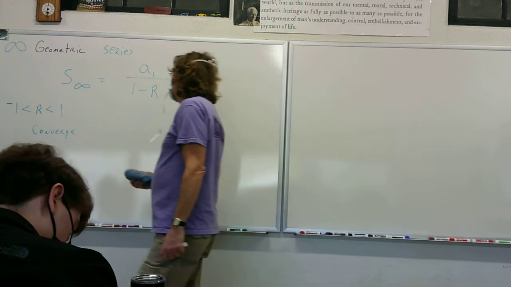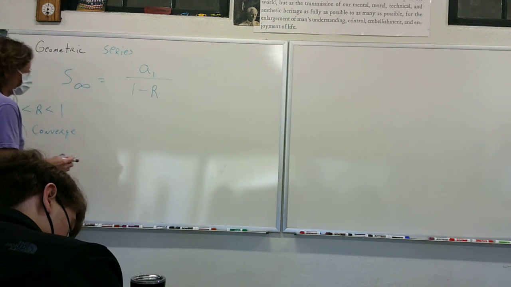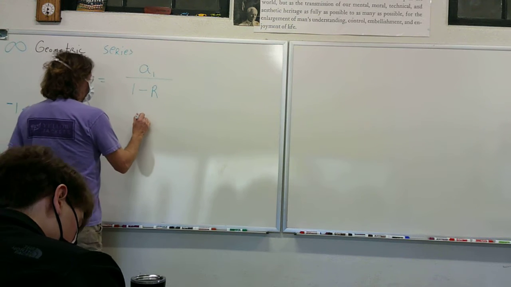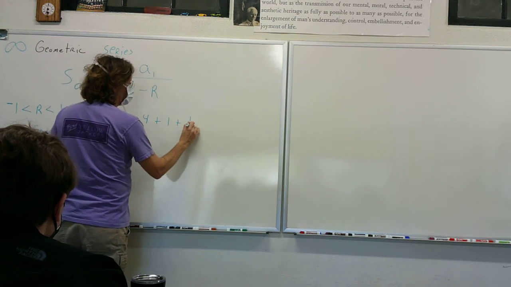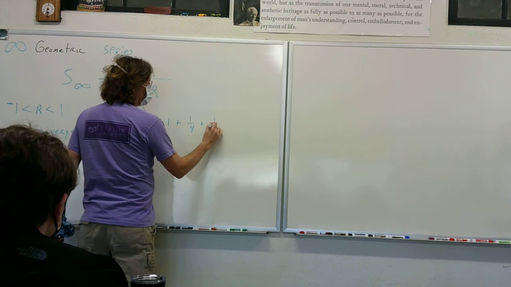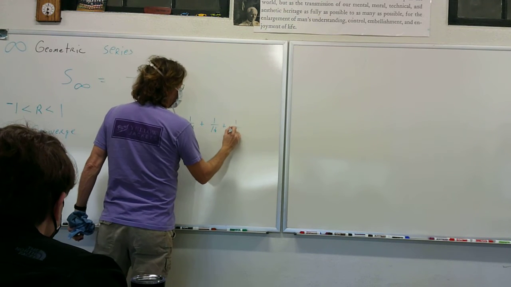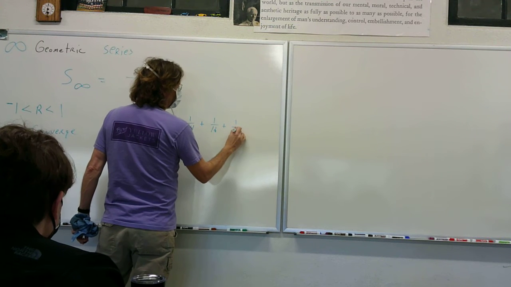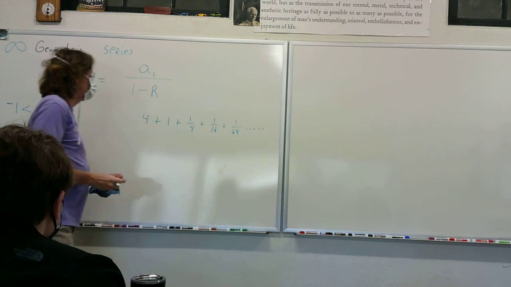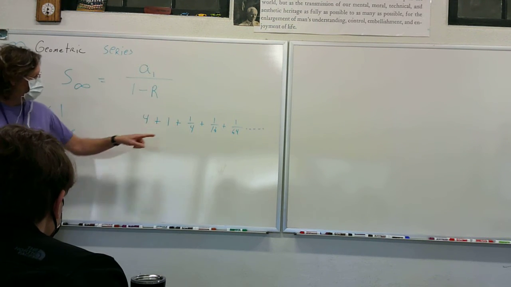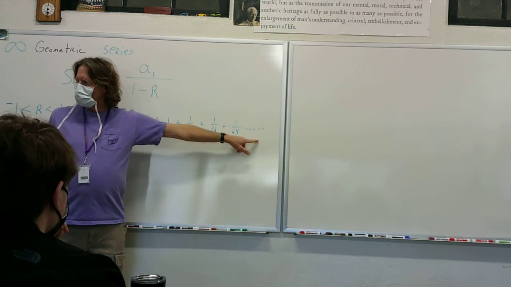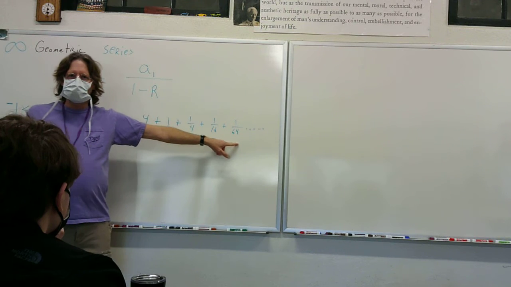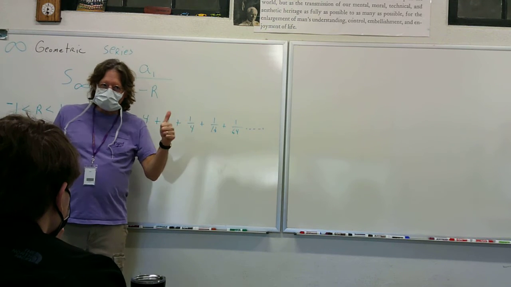Now, I'm going to give you a problem. Let's say we start off with 4, go down to 1, and go down to 1/4, 1/16, 1 over 64, dot, dot, dot. Do you notice how what you're adding is getting closer to 0? That's the key right there.